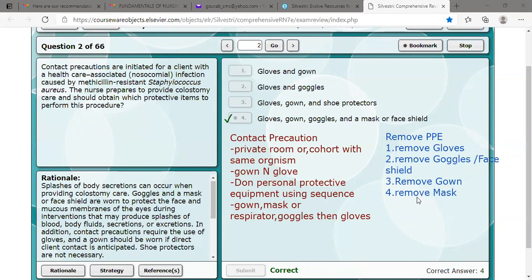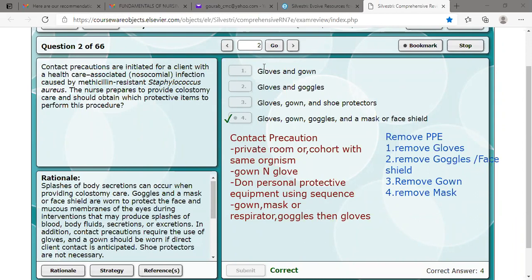And always wash the hands, and after hand washing, do not touch anything in the environment. Also, if your patient is on contact precautions, limit the transport of the patient. It is important.